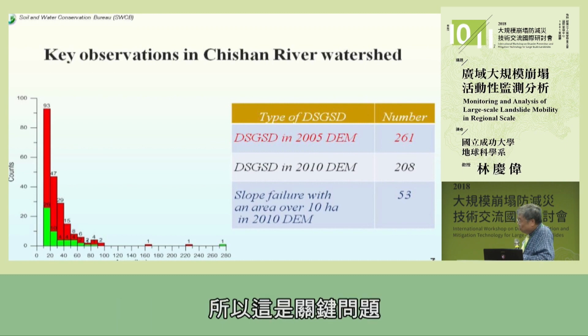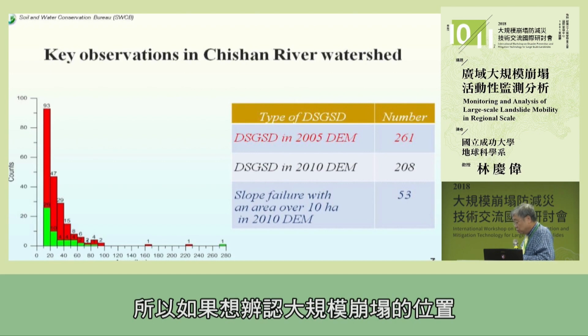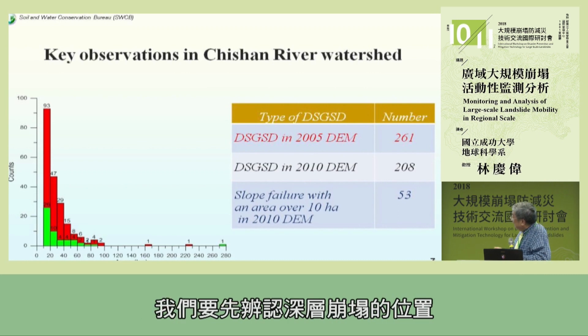That's the key problem we believe: a lot of large-scale landslides transform from deep-seated landslides. So if we would like to identify the location of large-scale landslides, we first need to identify the location of deep-seated landslides.